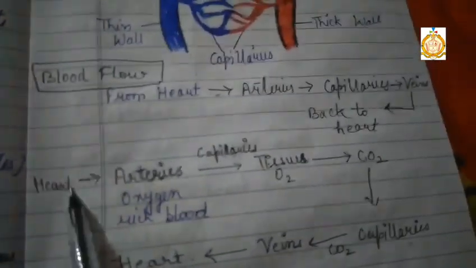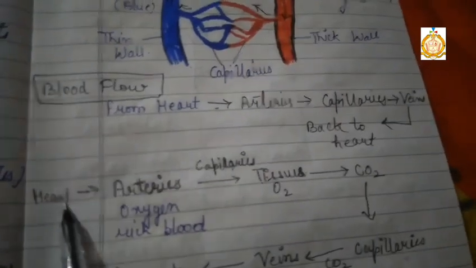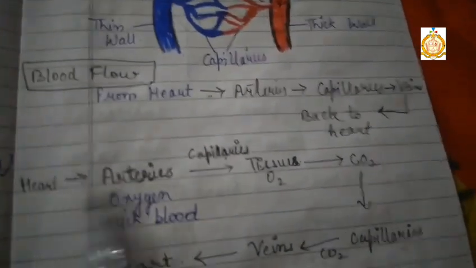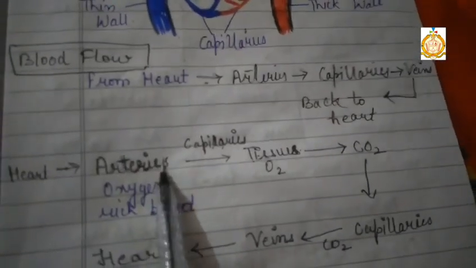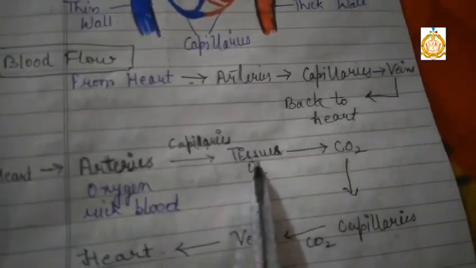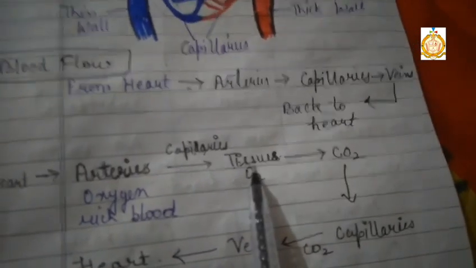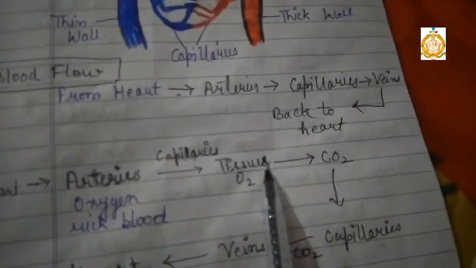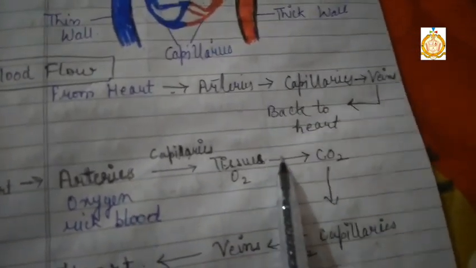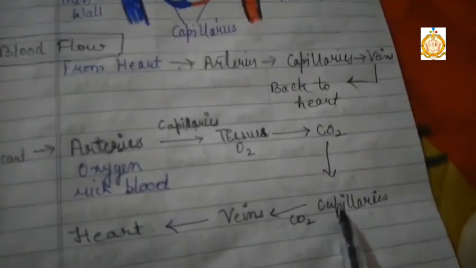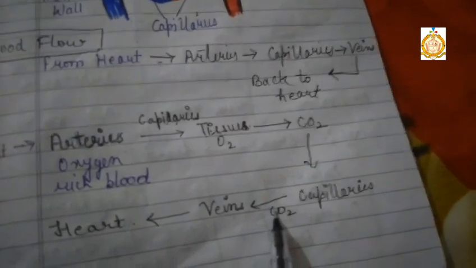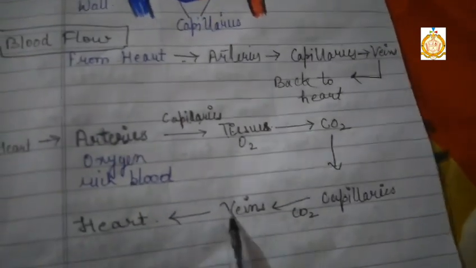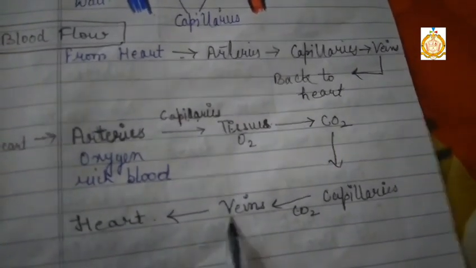So from the heart, oxygen rich blood comes into the arteries, then from the arteries it goes into the tissues, then from the tissues the carbon dioxide goes into the capillaries, and from the capillaries carbon dioxide rich blood comes into the veins, and then the veins pass it into the heart.